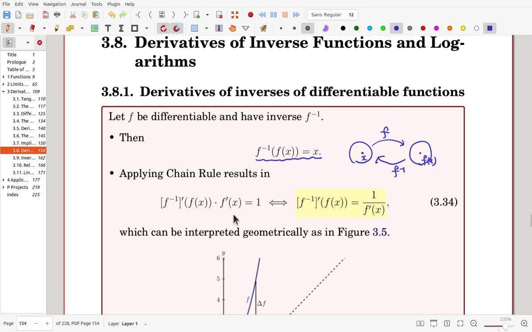We divide the equation by f prime of x to get that. Here, roughly speaking, f inverse prime is the reciprocal of f prime, but you have to be careful here. Now that is evaluated at f of x, and that is evaluated at x.